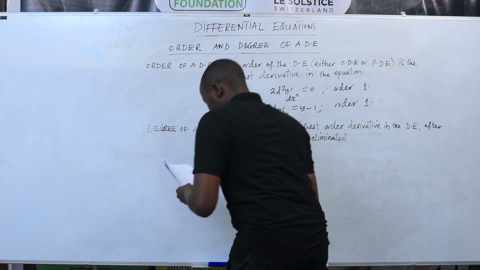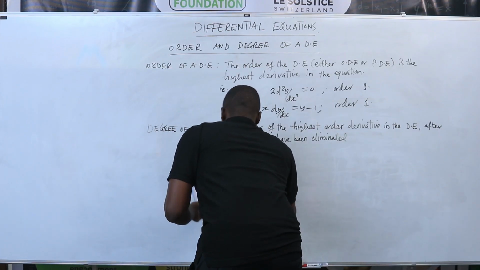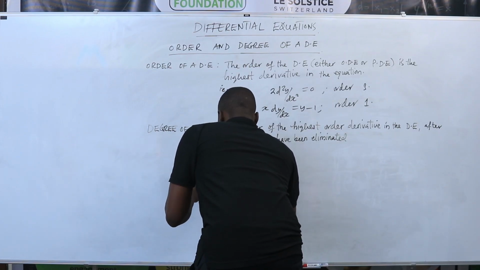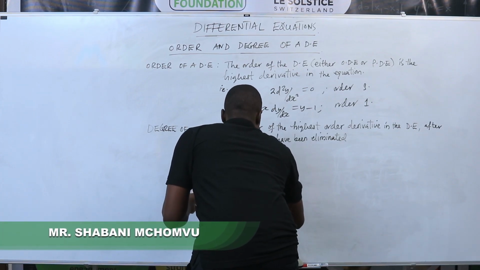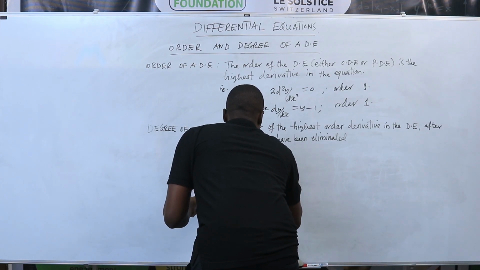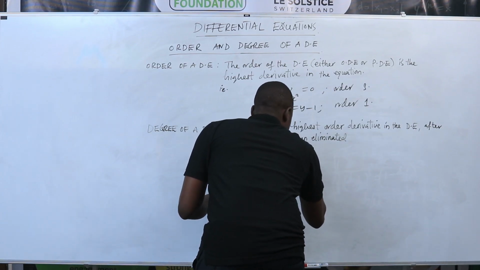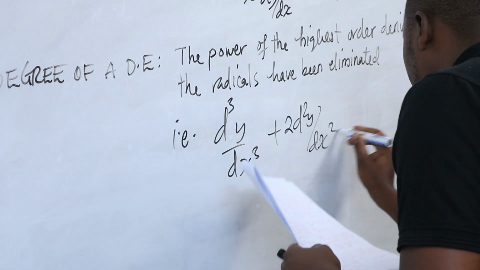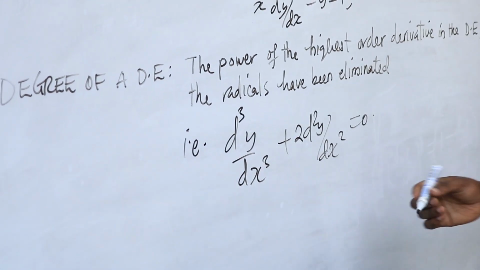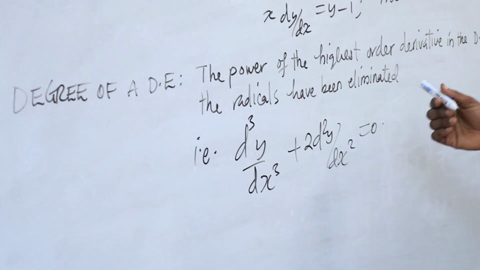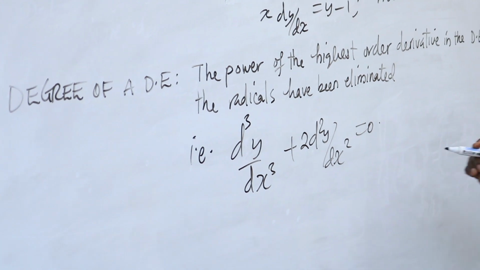Let's say here we have this one, plus 2 times the second derivative, equals 0. The first thing to note is the highest order derivative.